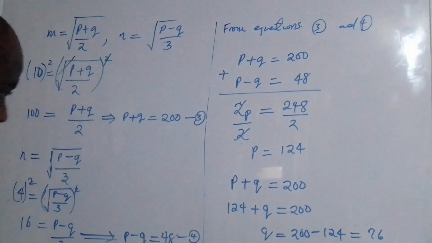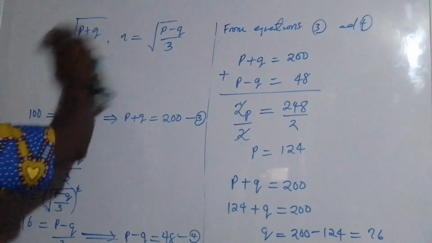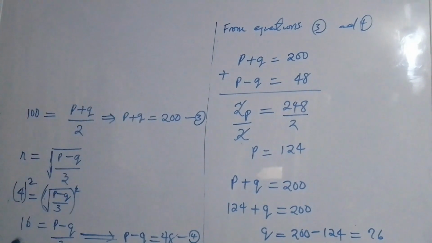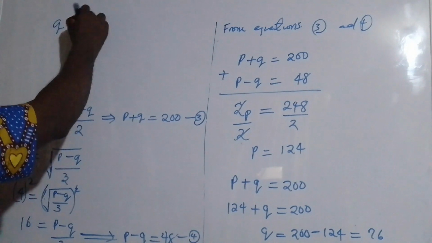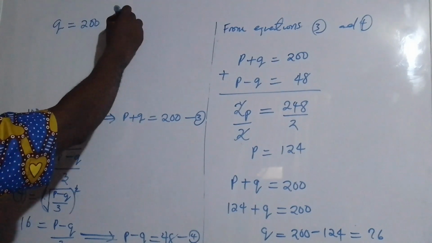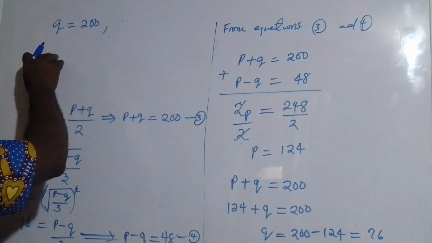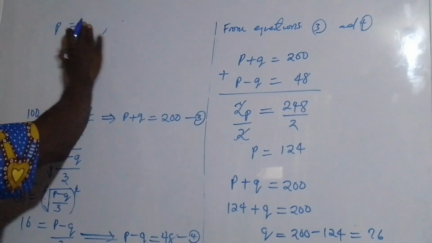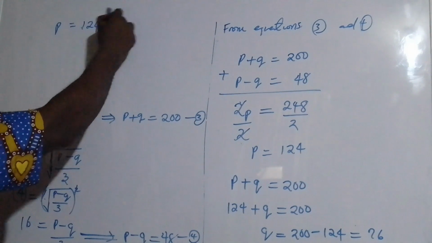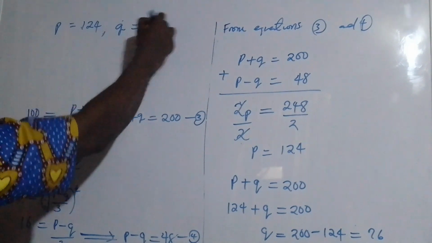So on the whole, we have P equals 124 and Q equals 76.